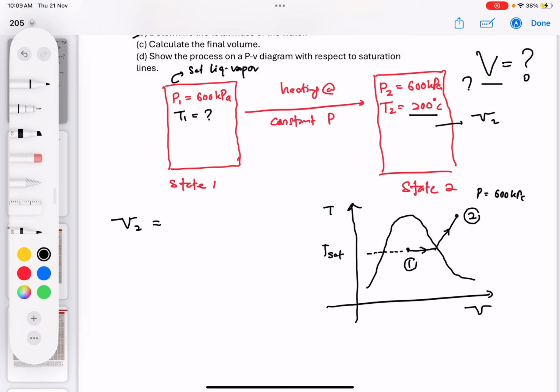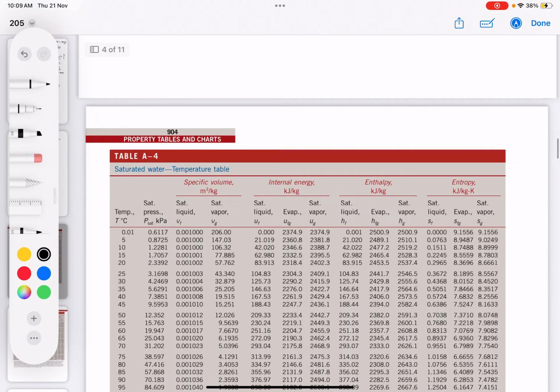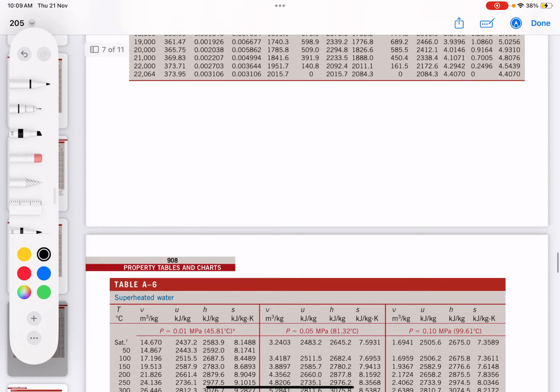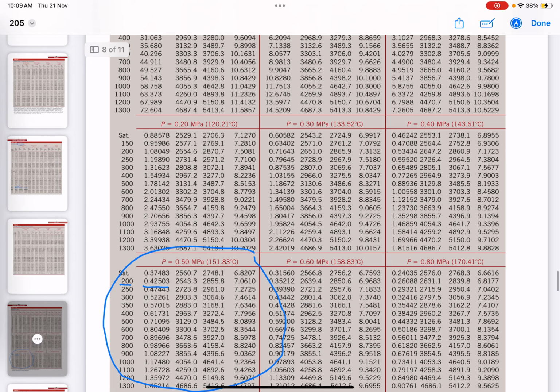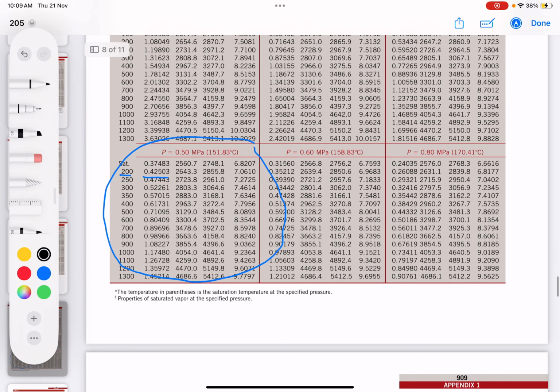Because this one, as we discussed before, was in the superheated region, I have to use table A6. 600 kilopascal was equivalent to 0.6 megapascal, which is this one. And then my temperature will be 200.